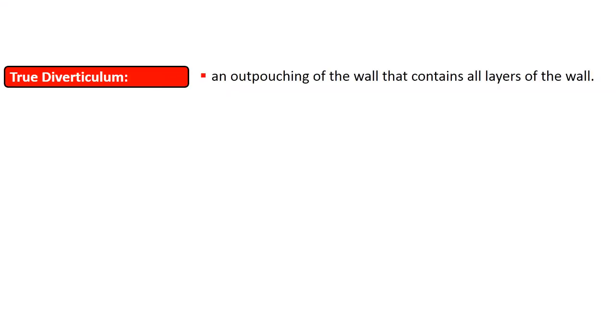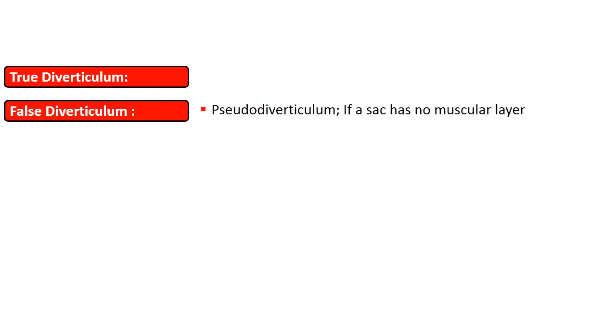A true diverticulum is an outpouching of the wall that contains all layers of the wall, while a false diverticulum is also termed a pseudo-diverticulum, and in this the outpouching does not have any muscular layer. The esophageal diverticula are often the result of motor dysfunction.